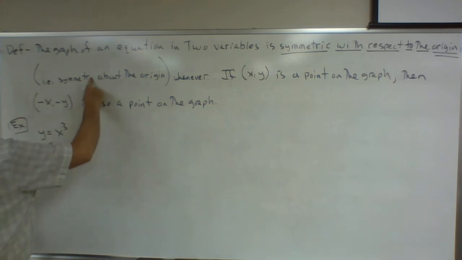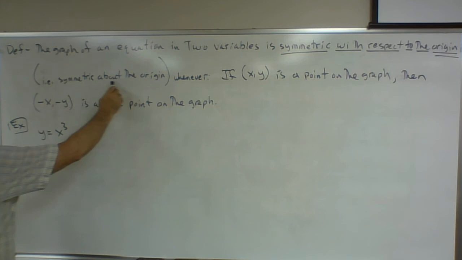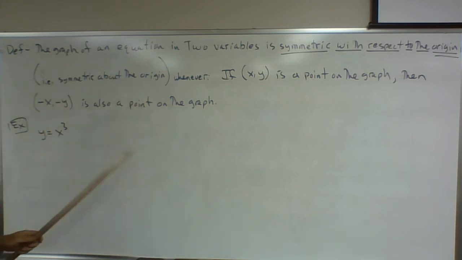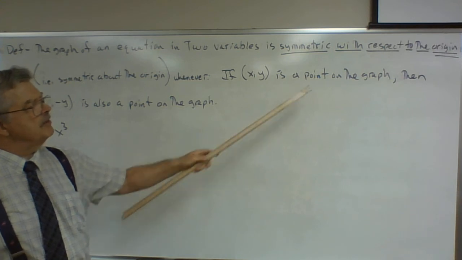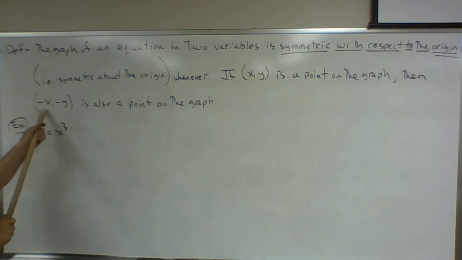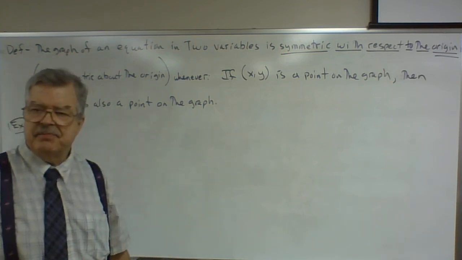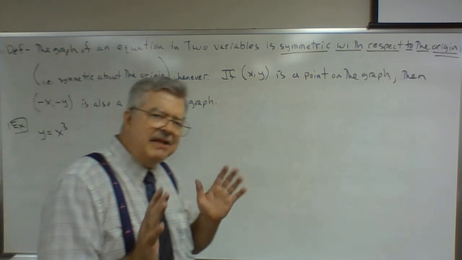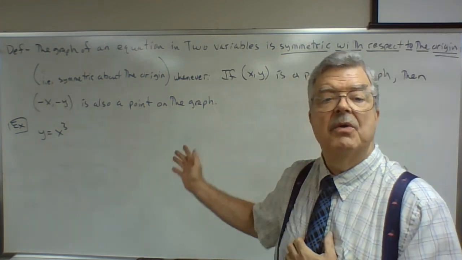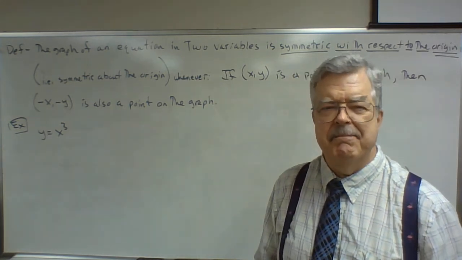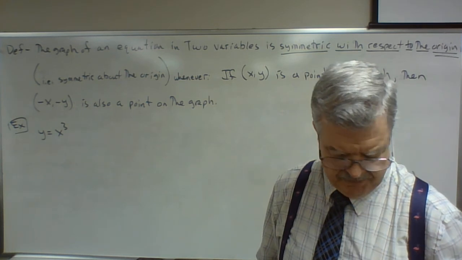They used to spell symmetric with a C. Symmetric about the origin whenever this happens: if (x, y) is a point on the graph, then (-x, -y) is also a point on the graph. And here's a classic example of an equation that's symmetric about the origin.